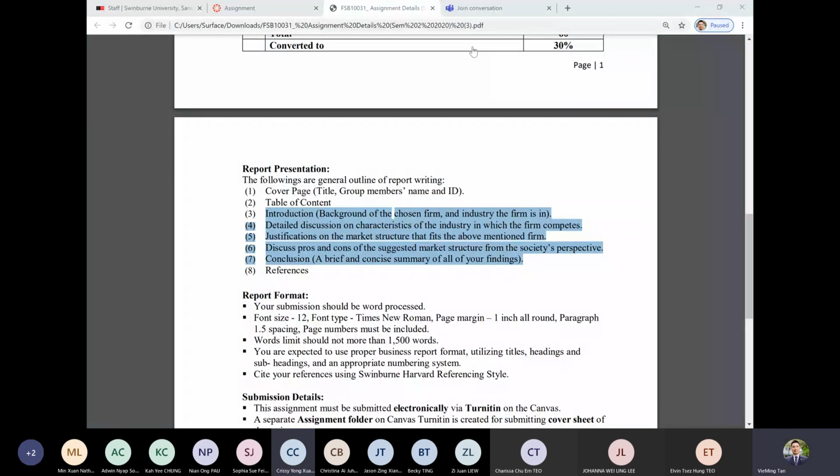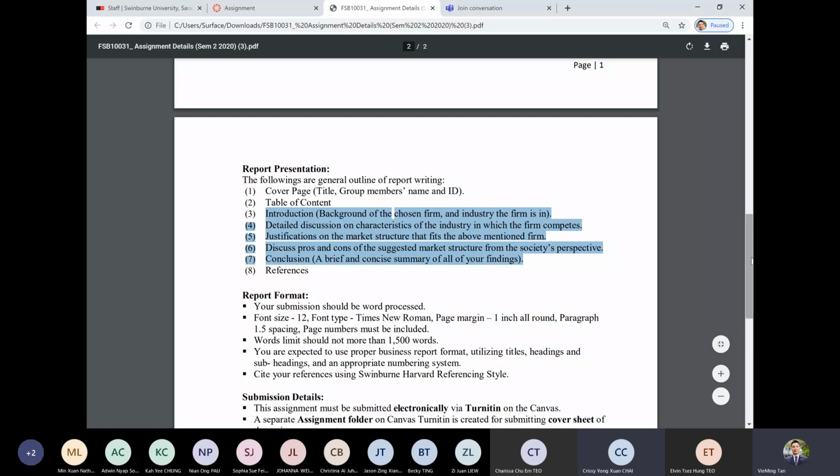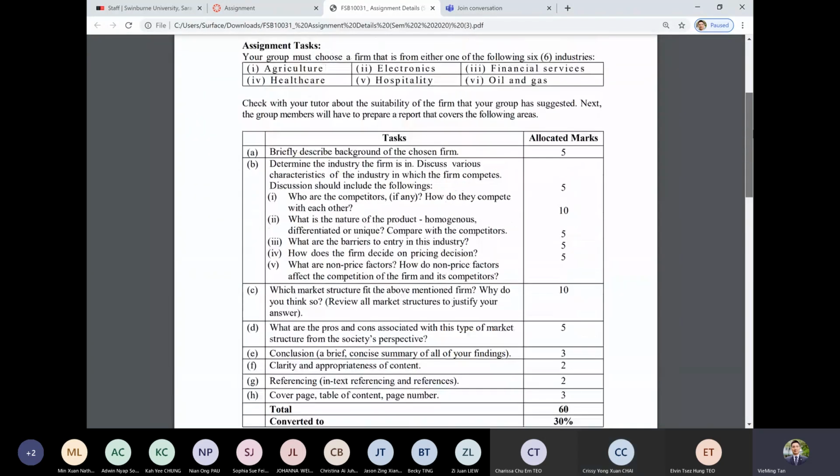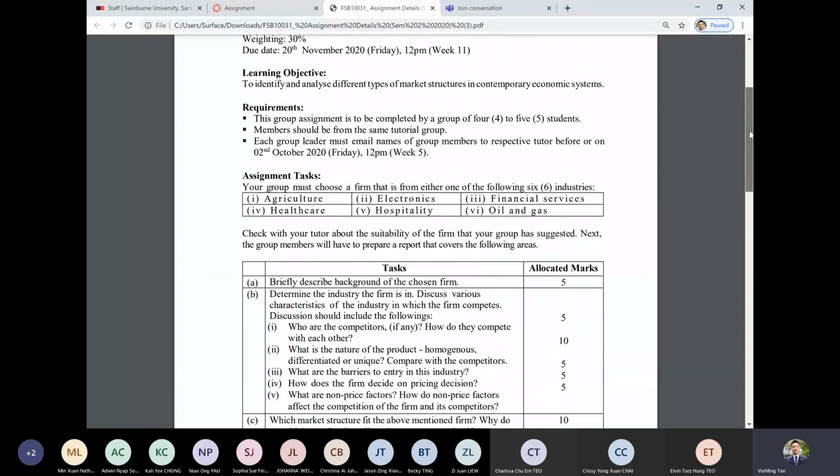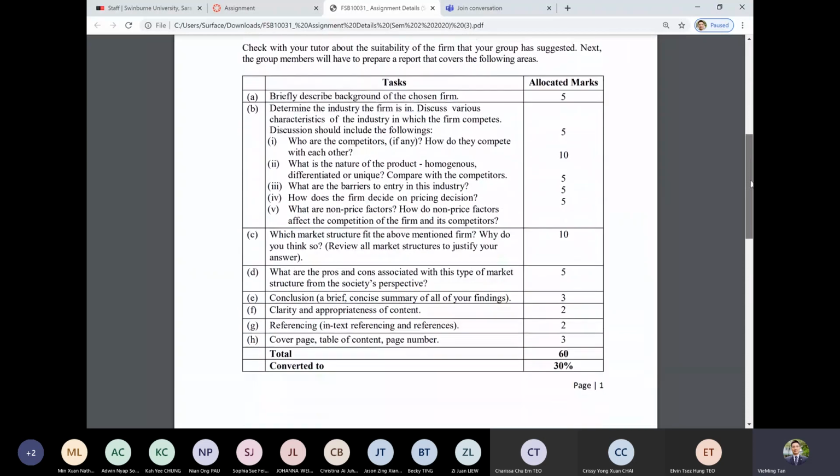So, Chrissy, what about the assignment cover sheet? Actually for this semester, the cover sheet is not compulsory anymore. In the middle of the semester, I think the management already decided not to require the cover sheet. So you can ignore the cover sheet at the moment.